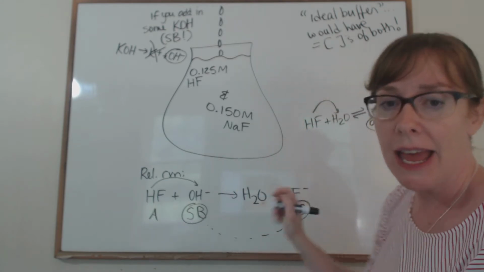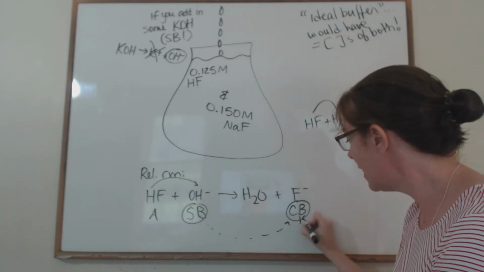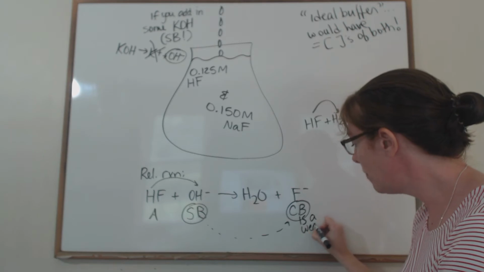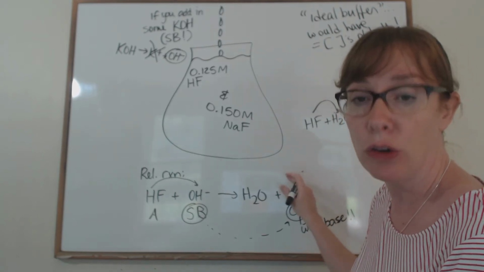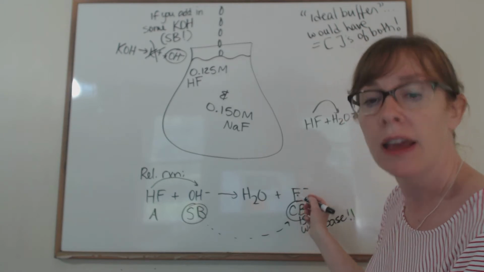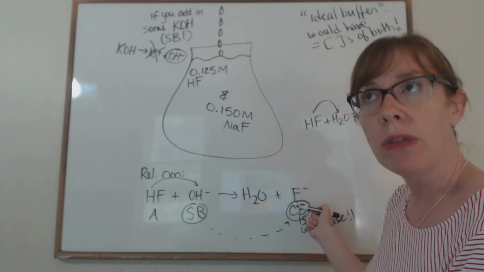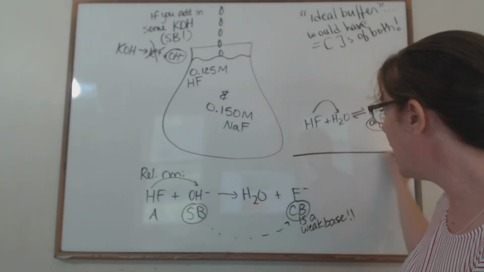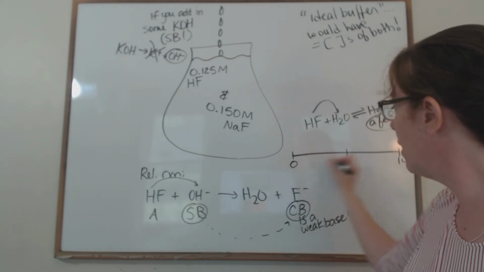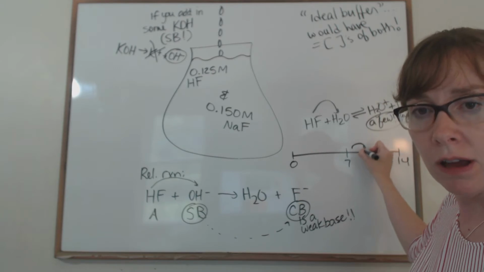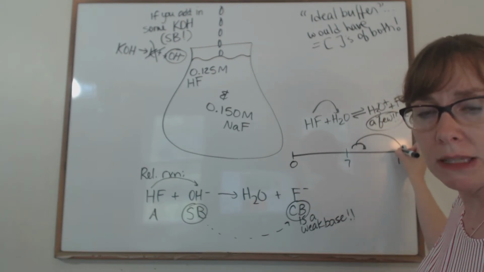But at the end of the day, this conjugate base is a weak base. It's not a strong base. It's not a group 1 or group 2 metal hydroxide. It's a weak base. And so, on the pH scale, sure, it will push your pH up a little bit, but not a lot, like a strong base would.